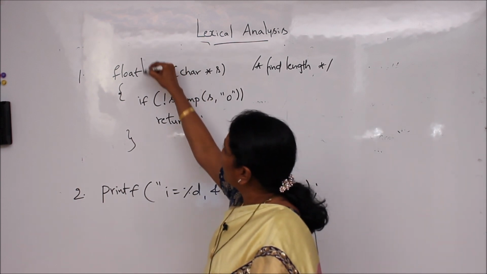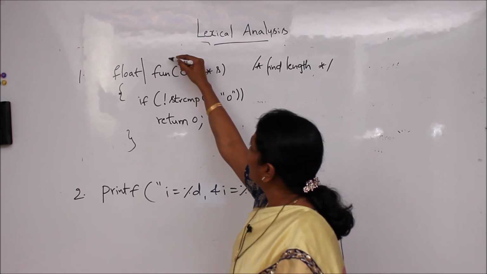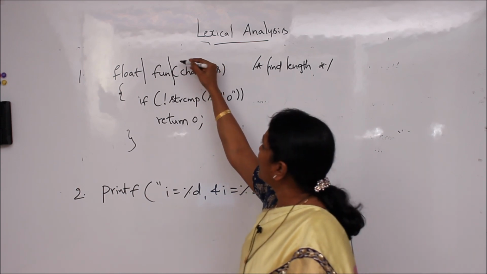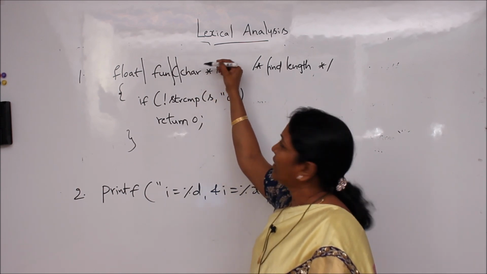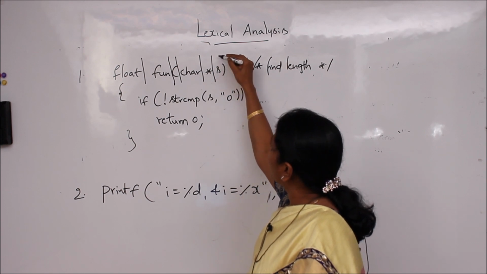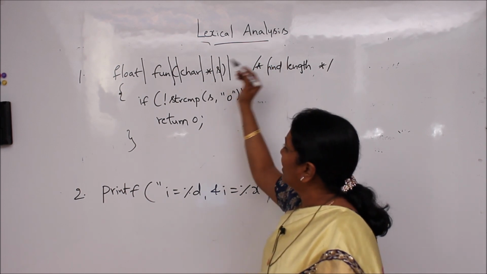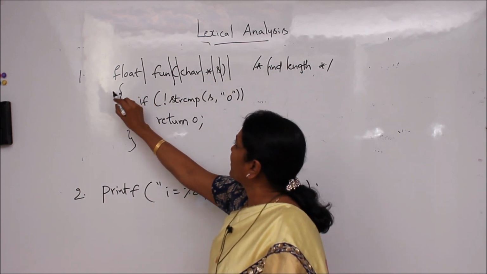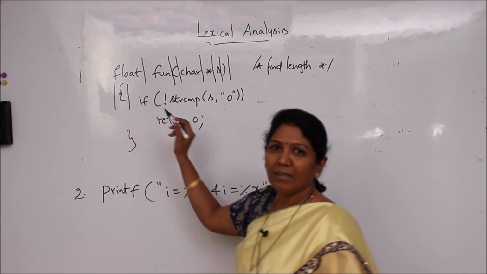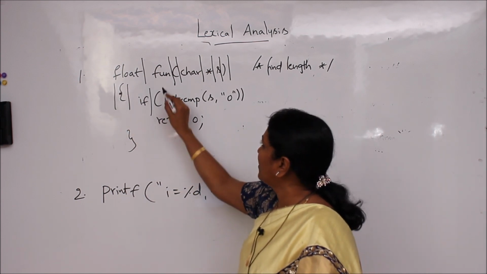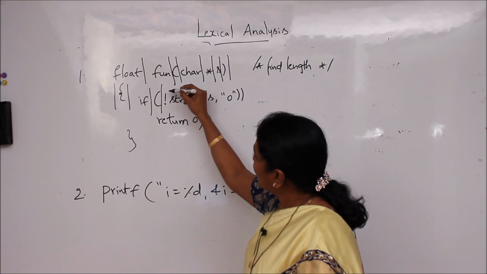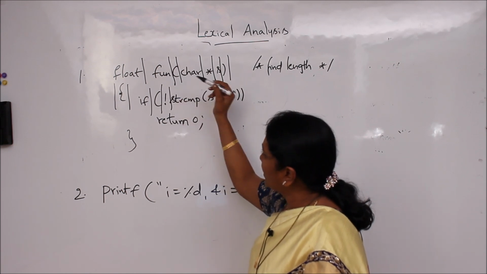Here, float is a keyword, one token. Fun is a function name, another token. Left parenthesis, another token. Keyword, operator, identifier, operator. Then curly braces, another token. Keyword, another token. Left parenthesis, not equal to, another token.